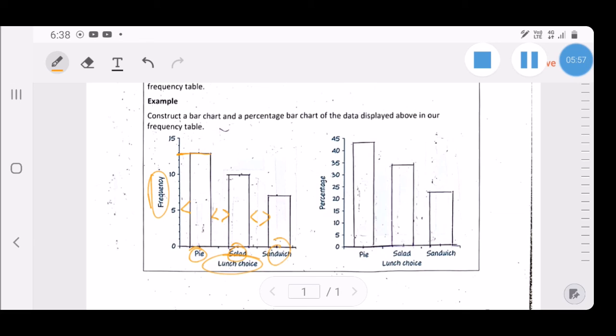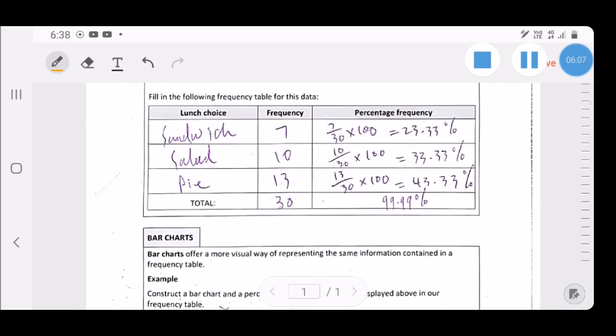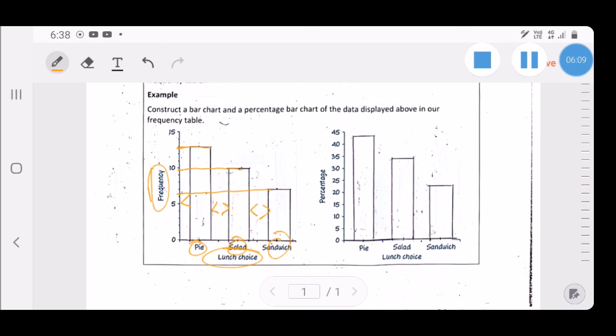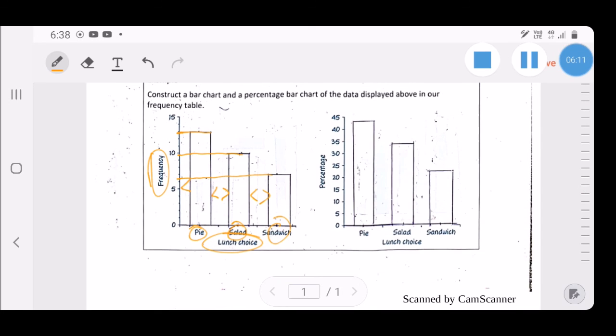goes to the number of people that opted for that particular type of food on the vertical axis. So we can see 13 people went for a pie. We can see that 10 people went for a salad. And we can see that, what's that, 7? Let me check. Yep, 7 people went for a sandwich. And exactly the same idea over here, except instead of frequency here, we have percentage, or percentage frequency you might sometimes see.